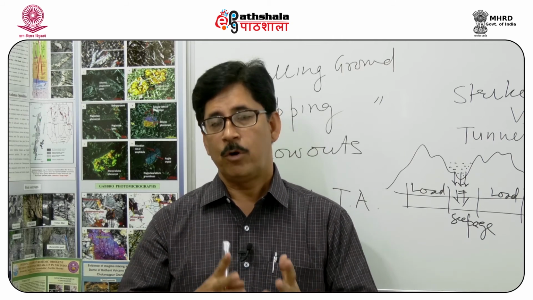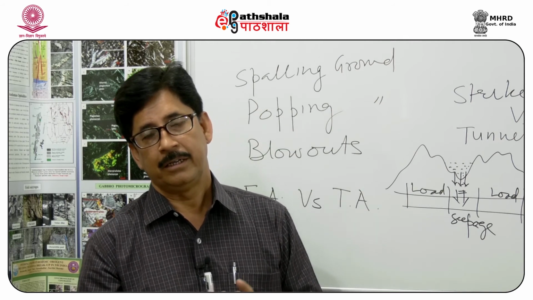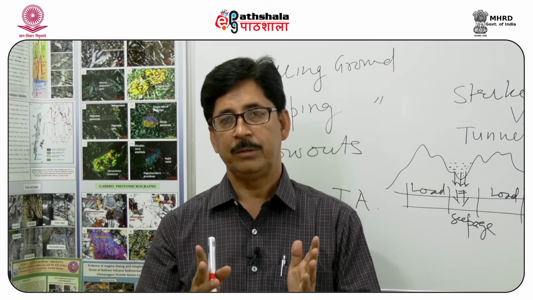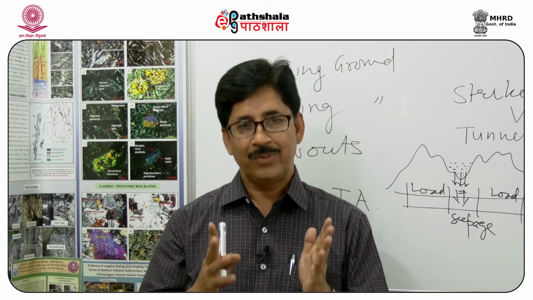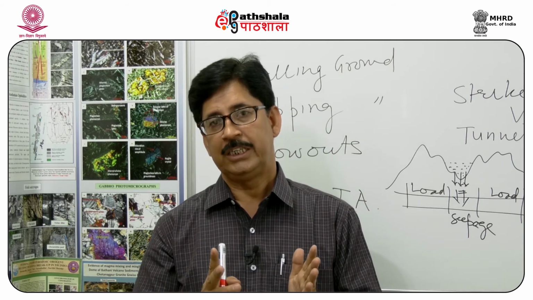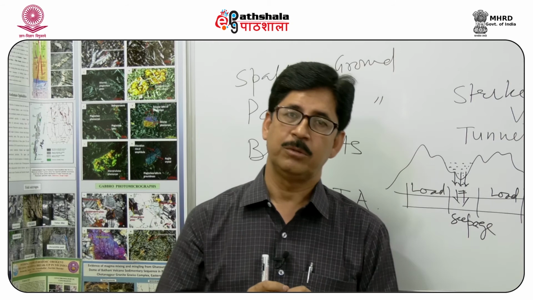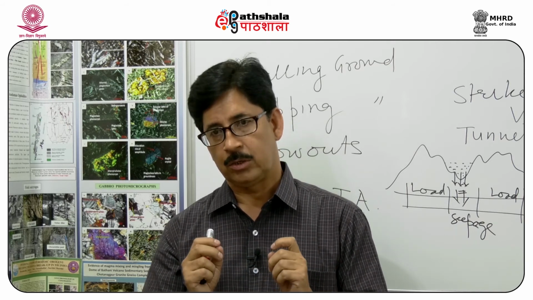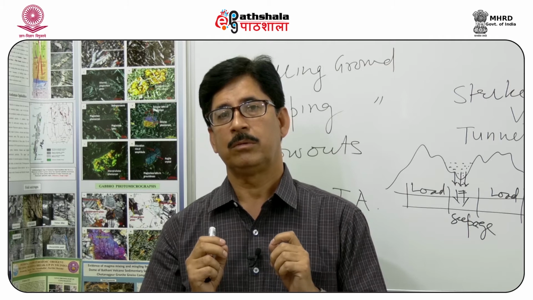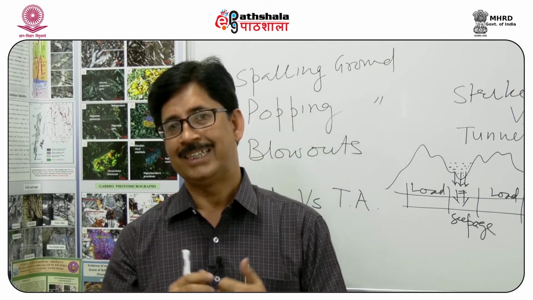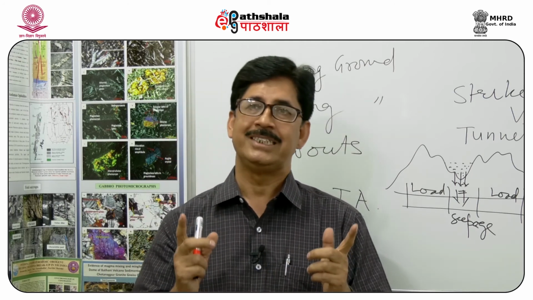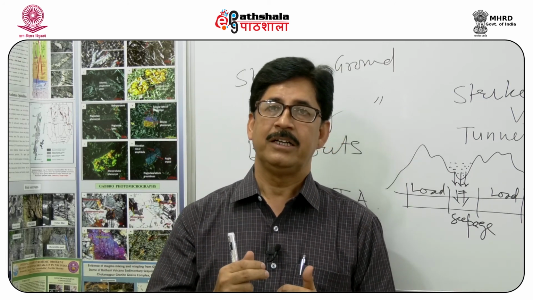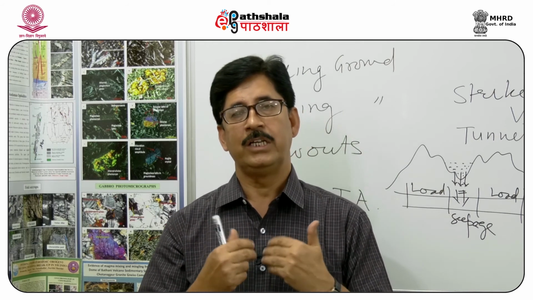Depending upon the importance of the tunnel and the diameter of the tunnel, we have a relationship with what is called the equivalent dimension, which is related to the span and excavation support ratio. From this we calculate the equivalent dimension, and this equivalent dimension is plotted against rock mass quality, that is the Q system, and we have standard graphs which will provide the requirement of the support system.